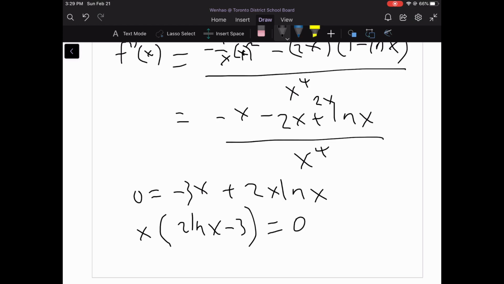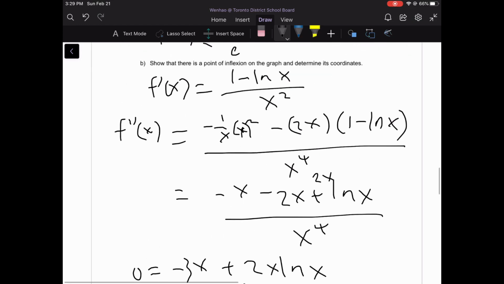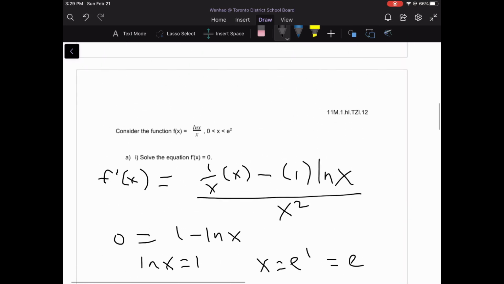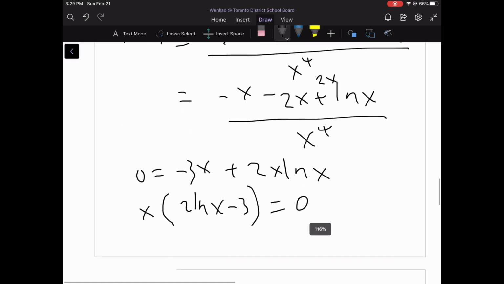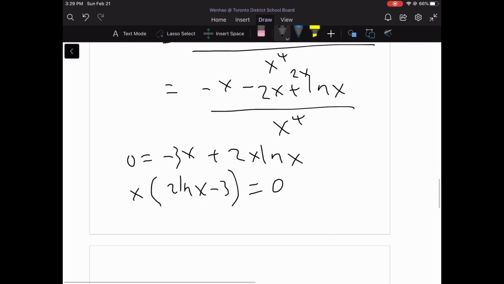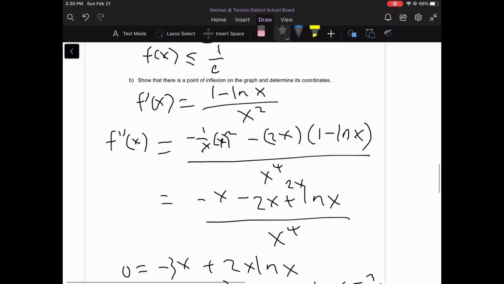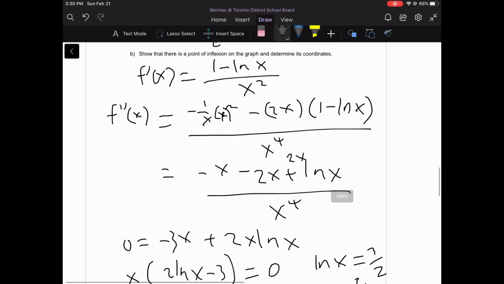So x is equal to 0, but that is out of the domain because the domain is restricted. So we just need to solve for ln x equal to 3 over 2, which means x is equal to e to the 3 over 2. And this wants us to solve for the coordinates of the point of inflection.